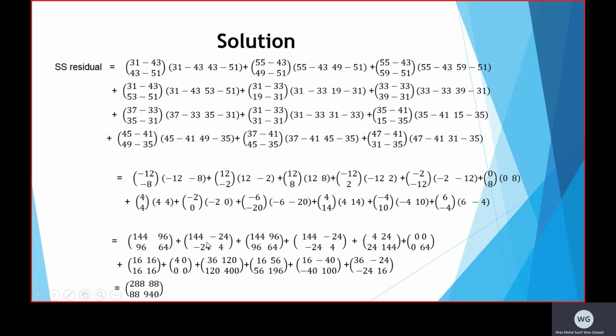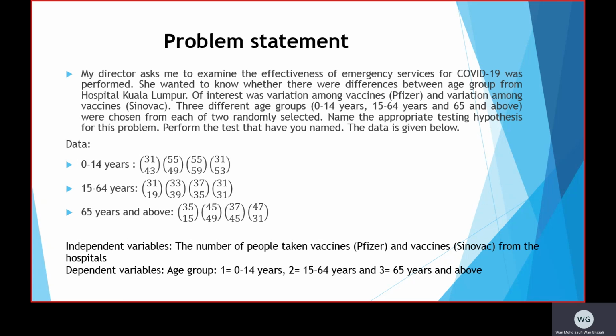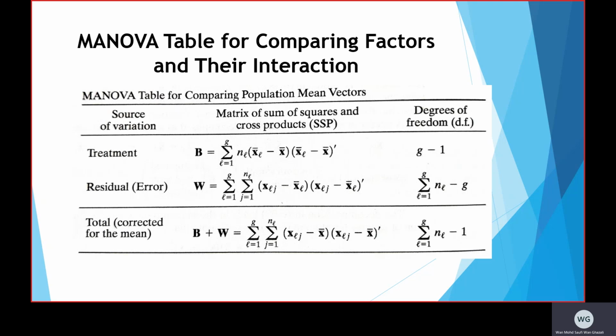And we also calculate SS residual. SS residual we also got from the MANOVA table, and we denote it by W, the summation of x_lj minus x_l bar, the mean from the group, multiplied by x_lj minus x_l bar transpose.